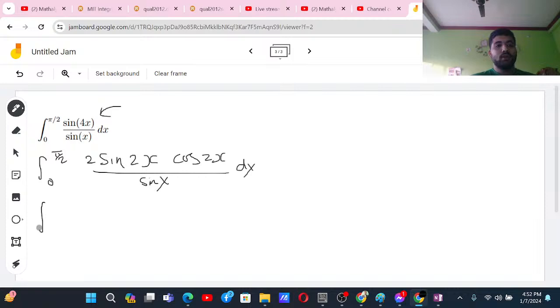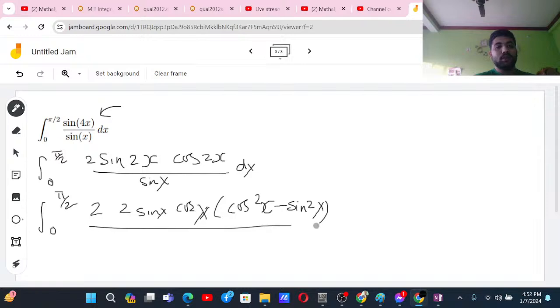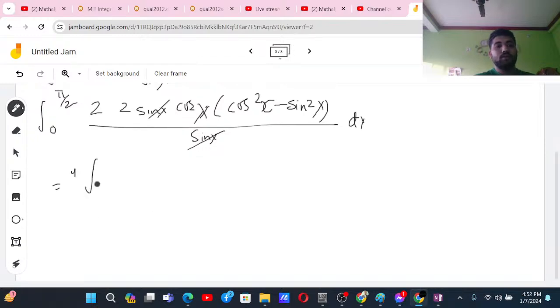Now, integral from 0 to pi by 2, again 2 sine x cos x, and the other one will be cos square x minus sine square x, by sine x dx. Now sine x will cancel out. We will have 4 times the integral from 0 to pi by 2 of cos cube x minus sine square x cos x. Now you can use the beta gamma function.